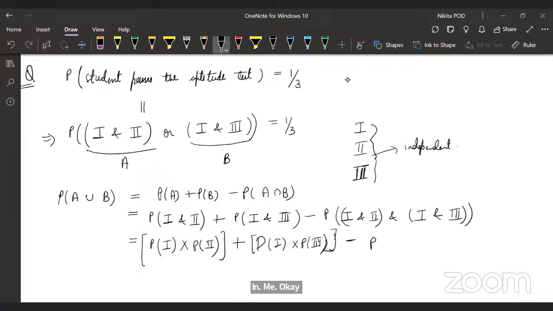Minus this, which is basically 1, 2 and 3.